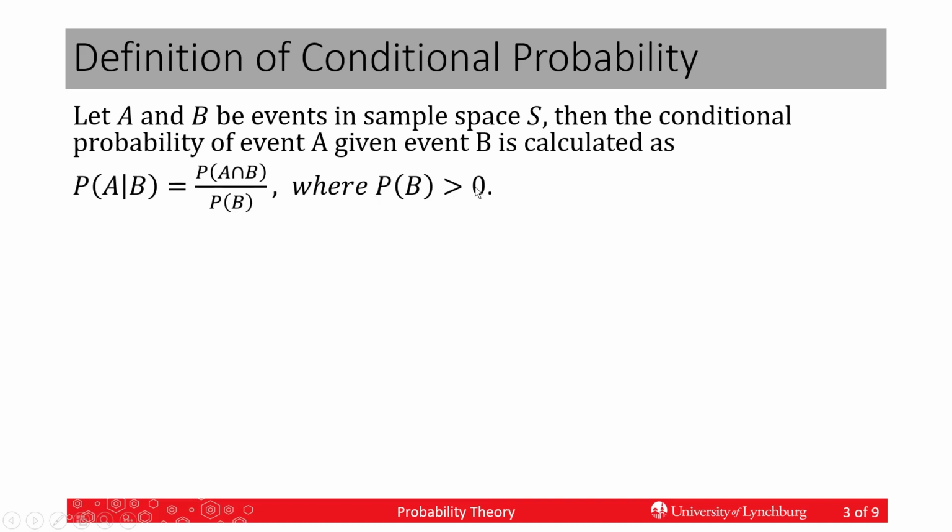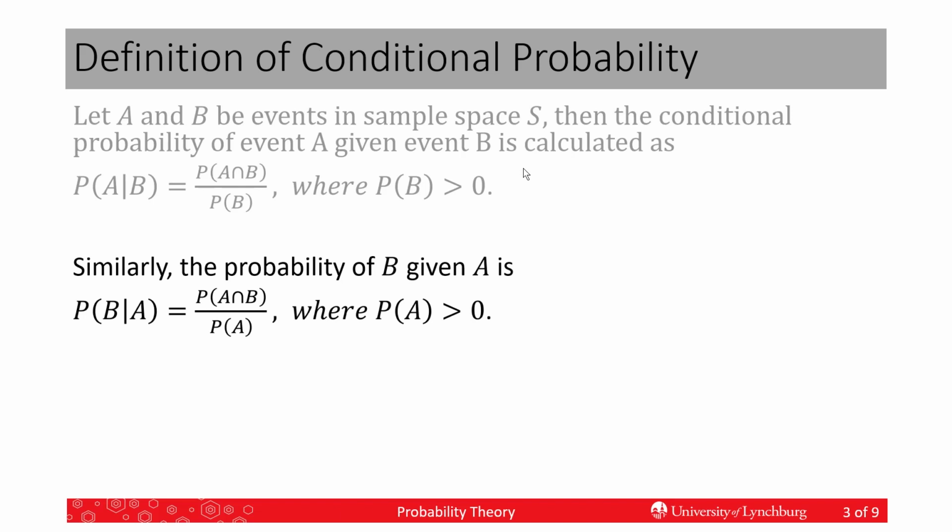And remember that the probability of B has to be greater than 0. It can't be negative. No probability can be negative, but it could be equal to 0. But this doesn't work if the probability of B is 0, which makes sense because if the probability of B is 0, then there's no conditional probability of A given B because B is not going to happen.